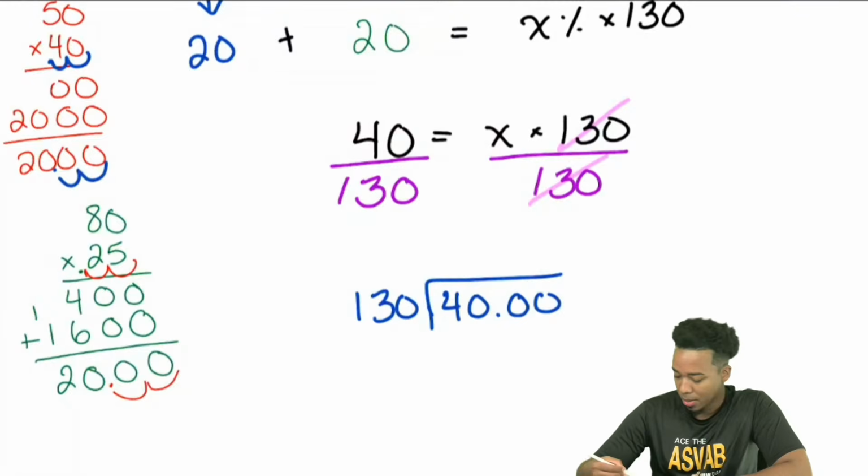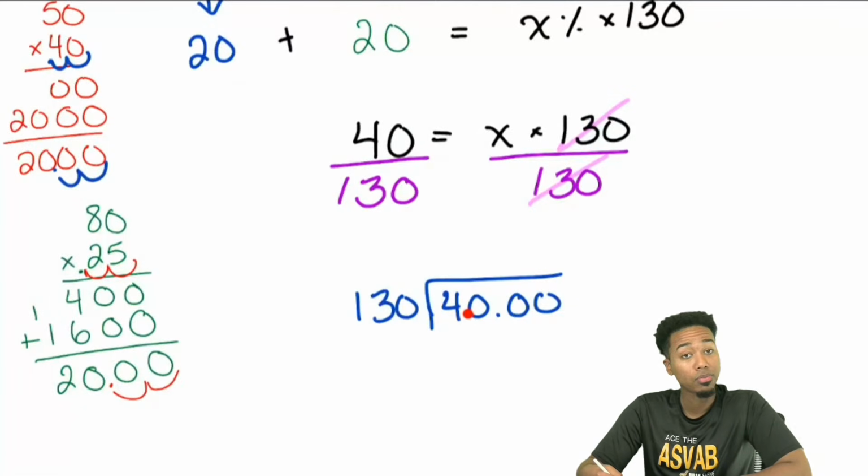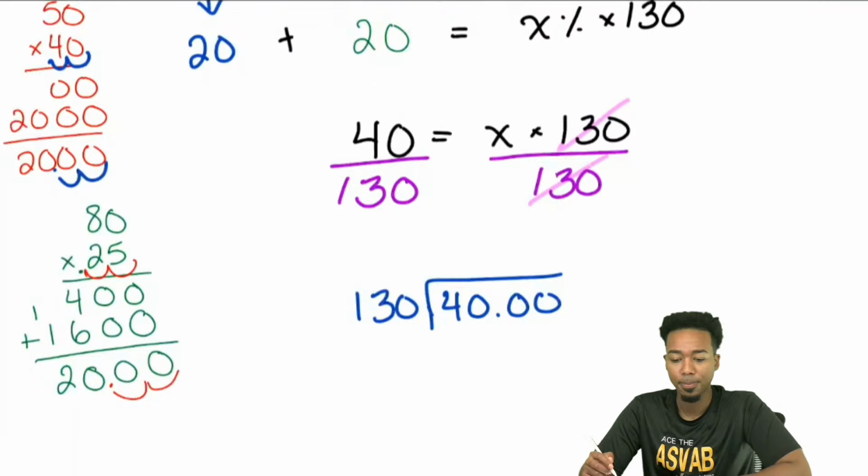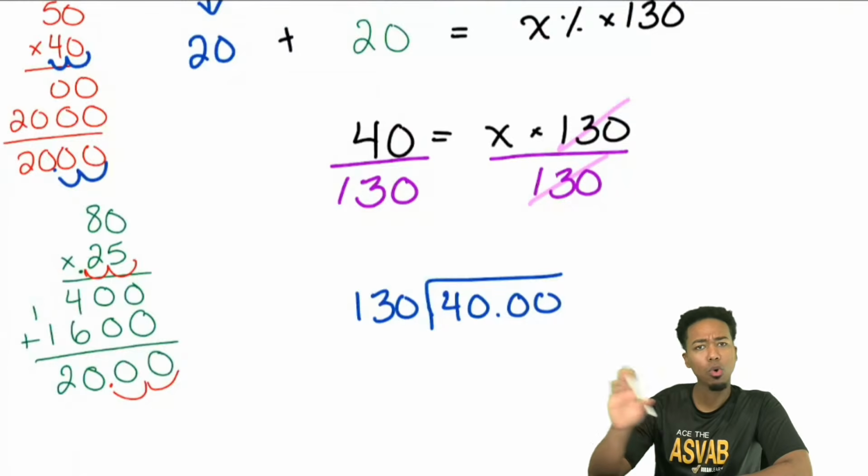So let's try this out. 130 can't go into 4, can't go into 40. It could go into 400. How many times can 130 go into 400? Think about 13 into 40. How many times do you think? Yep, going to be 3. And if you need proof on that, no worries, I got you.